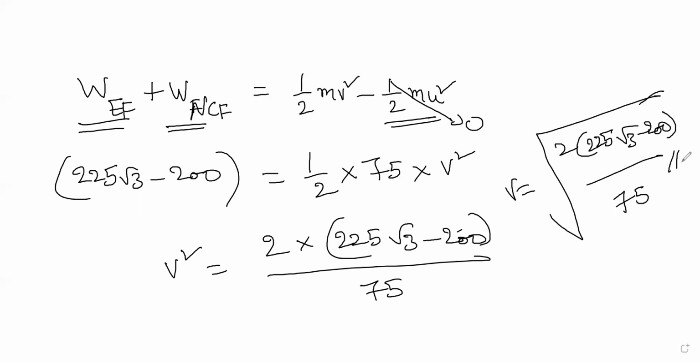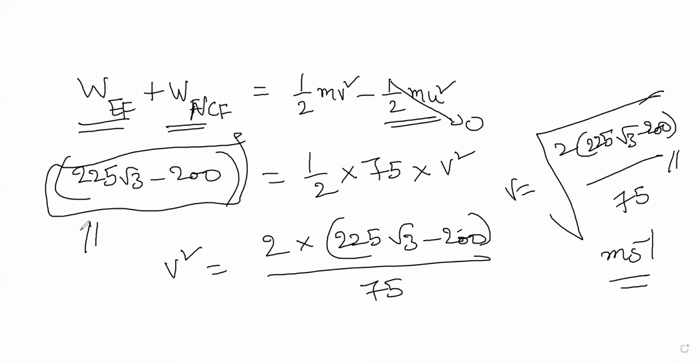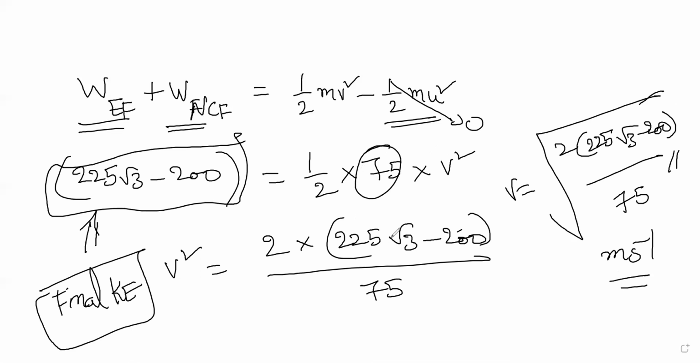That's how you find the velocity, which we get in meters per second, and this portion is the final kinetic energy. When you multiply by 2 and divide by 37.5, you get v squared, and you take the square root. The other operations are simple math afterwards. That's how you find the final velocity.